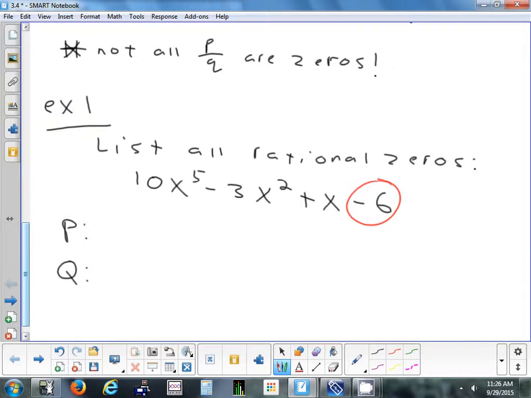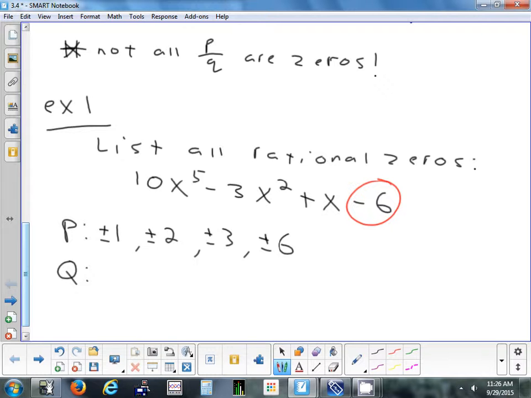Okay, what are all the numbers that divide into 6 evenly? Yep, 3, 2, 1, 6. So we have 1, 2, 3, 6, and there's 4 more. All the negatives, yeah. Okay. So these are all the different options for our numerator.